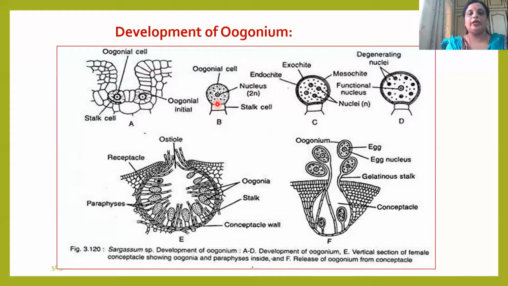It is a diploid alga, that is, they have 2n number of chromosomes. So what happens later? The diploid nucleus in the oogonial cell undergoes one meiotic division followed by mitotic division, which leads to the formation of 8 nuclei.